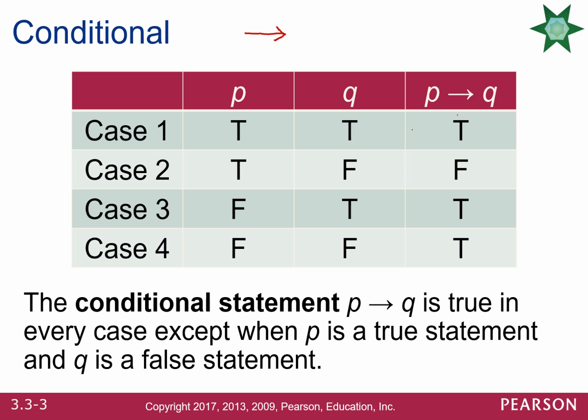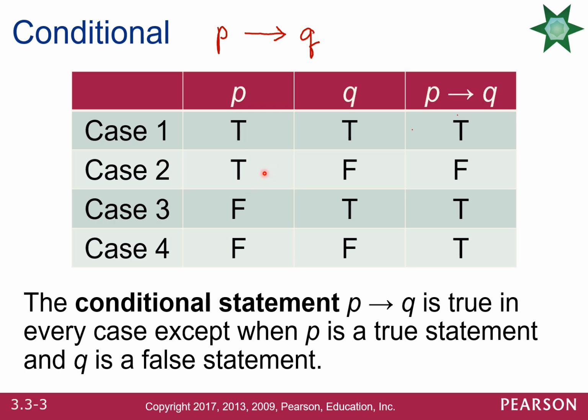On the left side of the arrow would be a P statement, and then on the right side will be the Q statement, and it reads as if the condition P is met, then it'll result in Q. All right, so that's how we read it. So the first one is called the antecedent, and then the one that comes after the arrow, the Q, will be the result or the consequent.